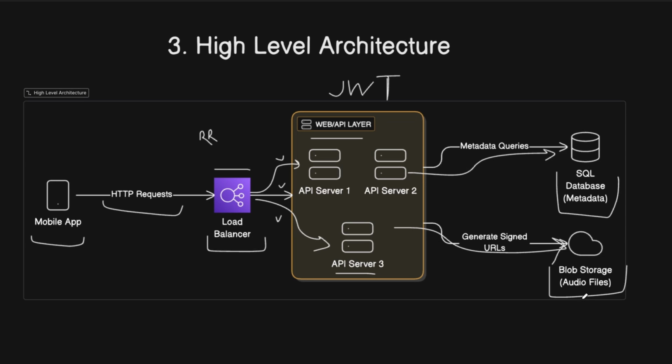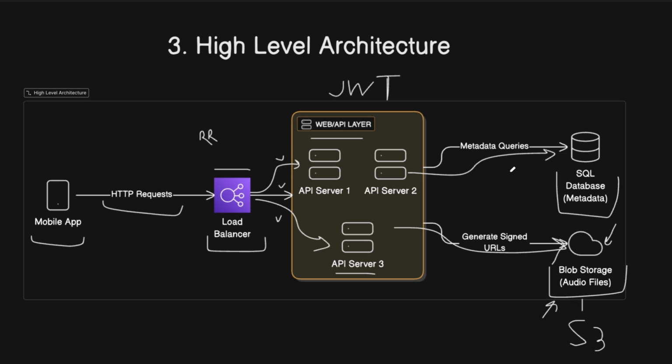An example of this blob storage can be AWS's S3, which is a way of storing large files like the OGG files that we need to store as part of this Spotify design. This type of blob storage offers virtually unlimited scalability, and it also comes with built-in durability and cost effectiveness for large files. That's why this is a good solution for storing these types of audio files.